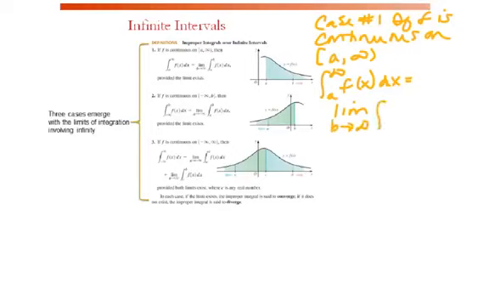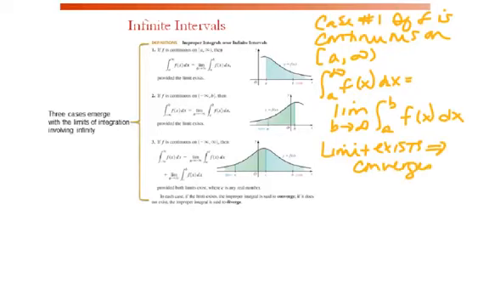We're going to replace that infinite limit of integration with a finite but very large value, b, and we're going to look at this limit as b goes to infinity. If the limit exists, then the integral converges. So that's the first case.